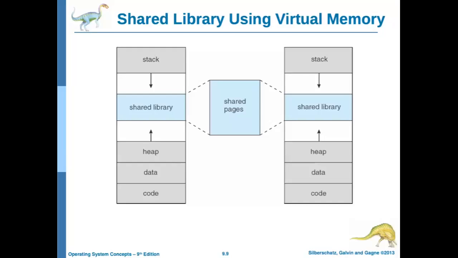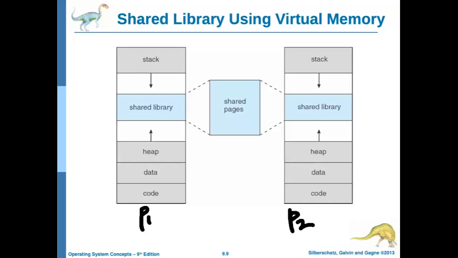Now a similar kind of thing is there, only it is related to a library, the dynamic link library. Here two processes are shown: this one is process 1 with its code, data, heap and stack, and this is process number 2, again with its code, data, heap and stack, and somewhere a shared library is mentioned where shared pages will be available.